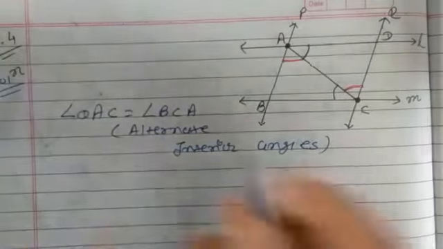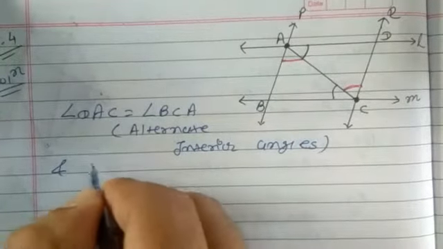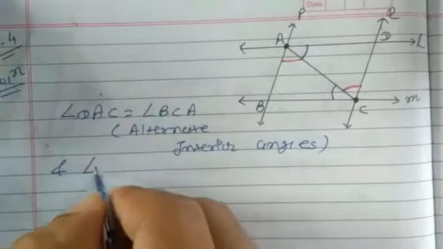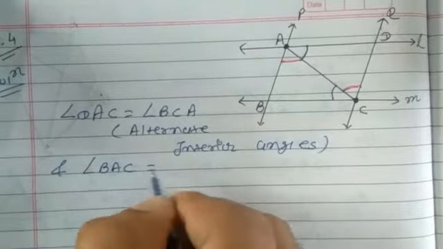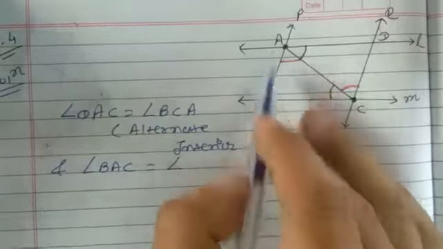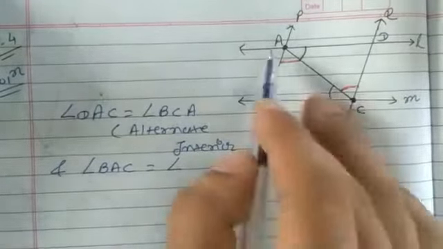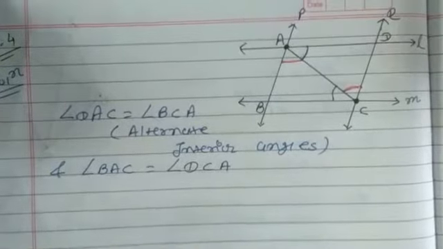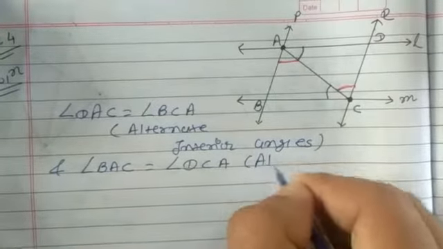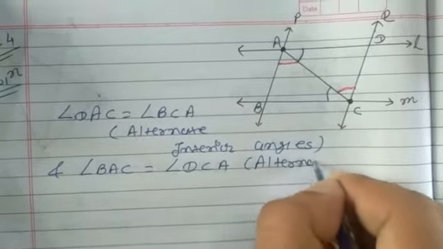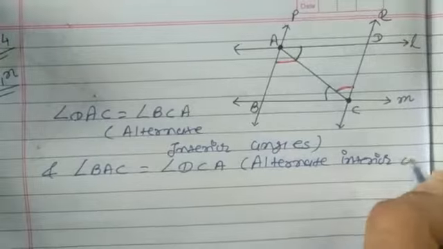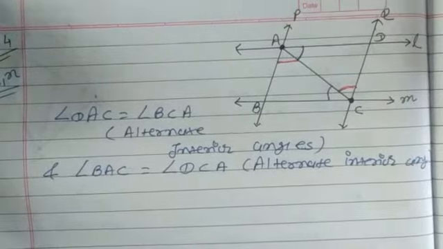So they are also equal, and angle BAC is equal to angle DCA. We can write here: alternate interior angle.